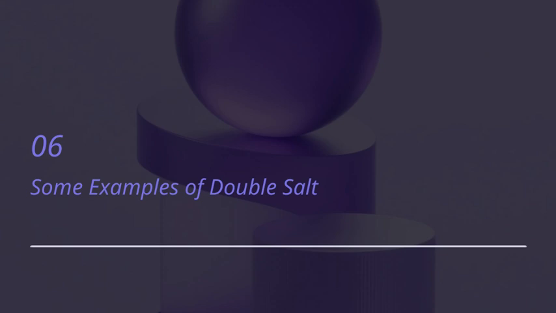An important point to remember is that double salts maintain their identity in the crystalline form, meaning they can be separated back into their individual salts through simple processes like dissolving and recrystallization. These examples help us understand how different salts can coexist and interact in nature and industry, showcasing the diversity and complexity of chemical compounds. This concept ties into our overall understanding of salt chemistry and its applications.